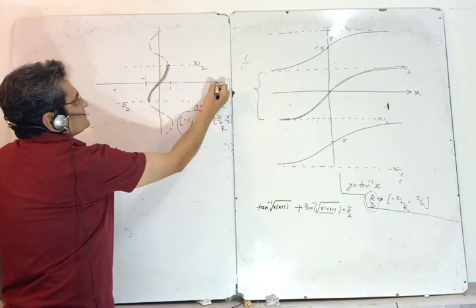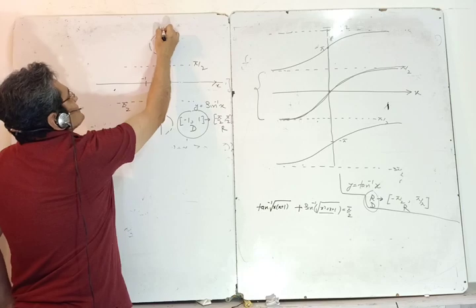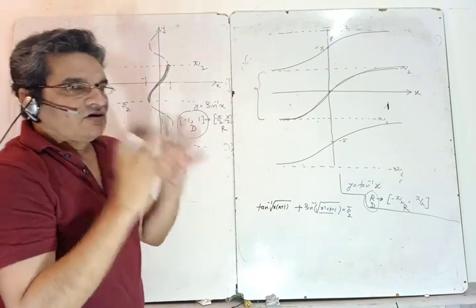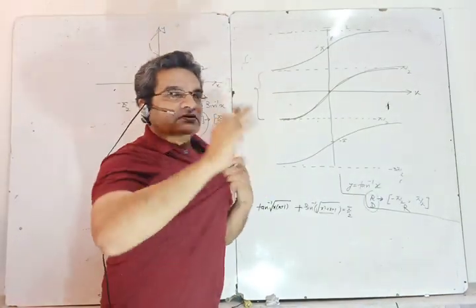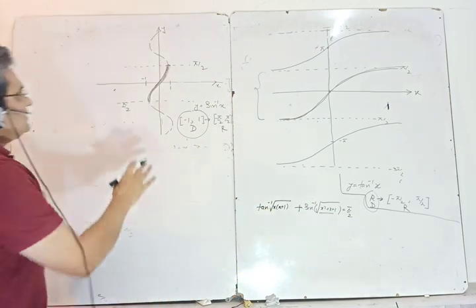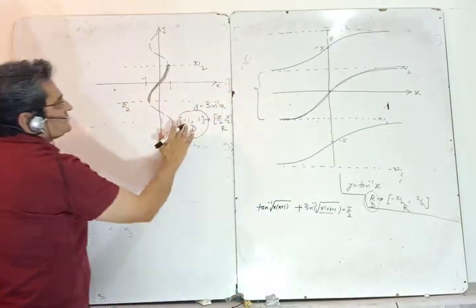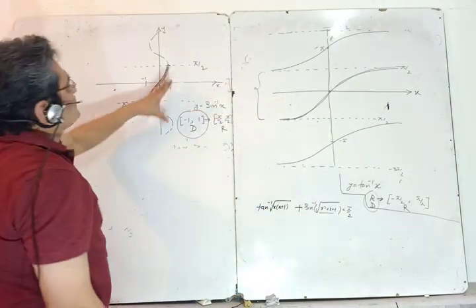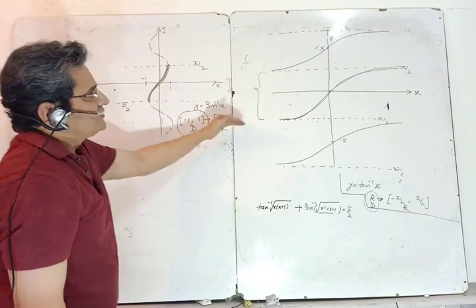This is the x-axis, this is the y-axis. The domain and range of all the inverse trigonometric functions should be on your fingertips. So the domain is minus 1 to 1, and the range is minus pi by 2 to pi by 2.